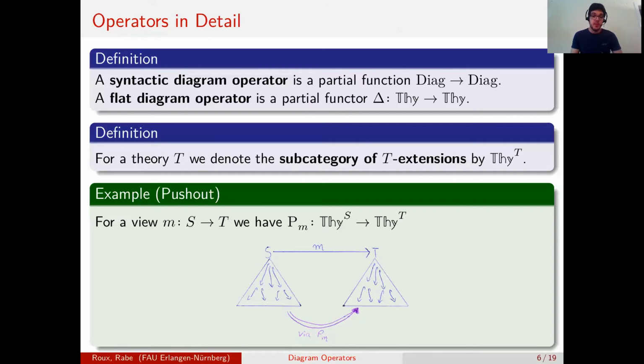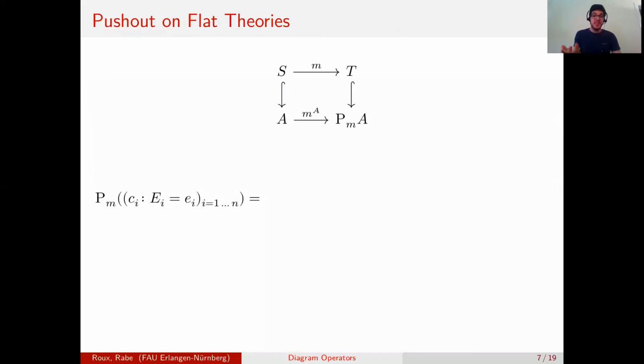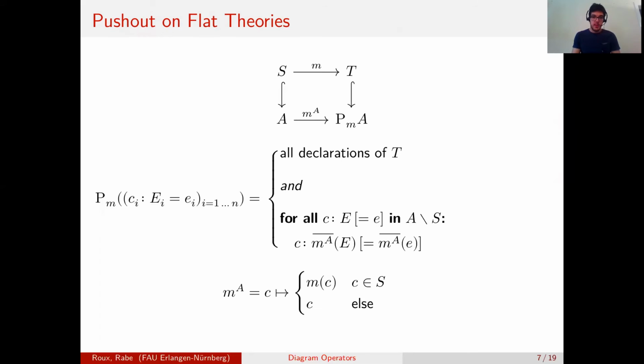Right, so let's consider the pushout operator in more detail. What does it do on declarations actually? Again, we have S and T, and now let's apply it on a theory A consisting of constants c_i. Right, and the pushout is computed as follows. Because we are in a flat world, we first take everything of T, the codomain of the morphism over which we are pushing out.